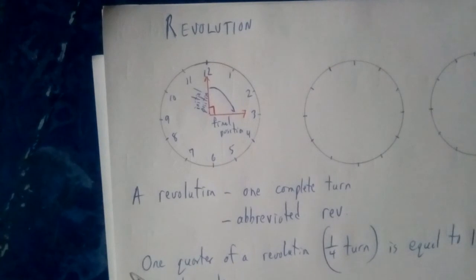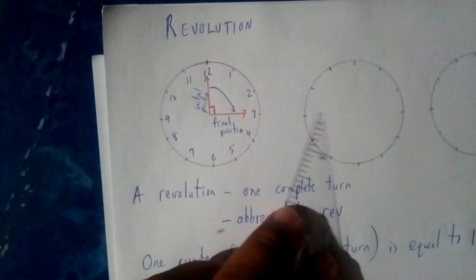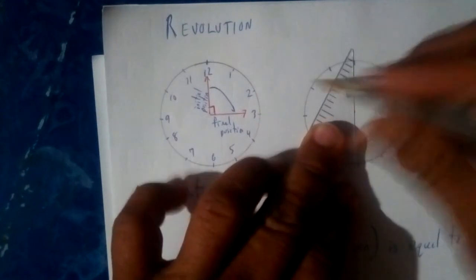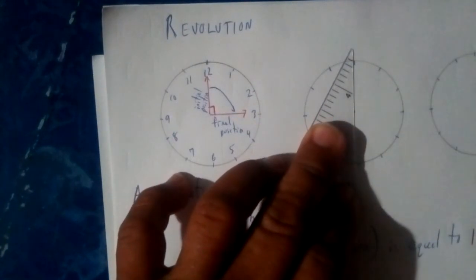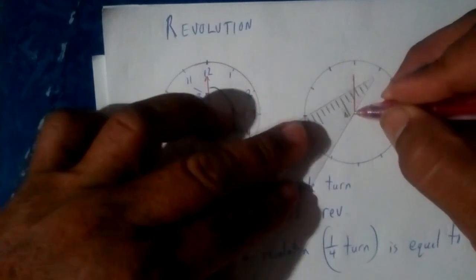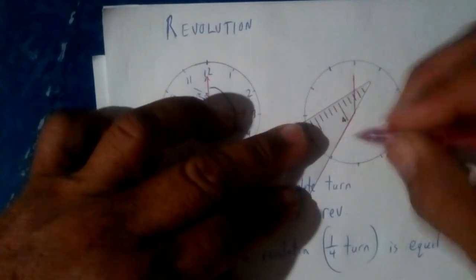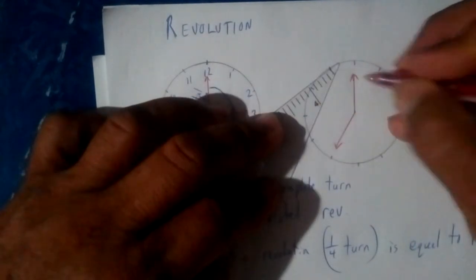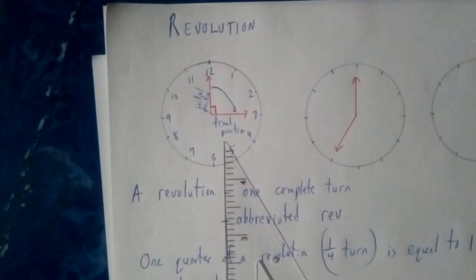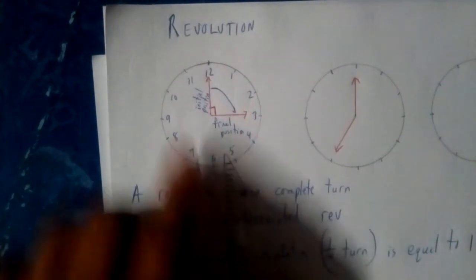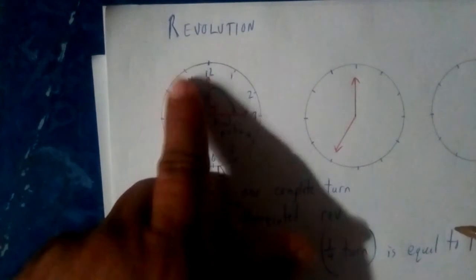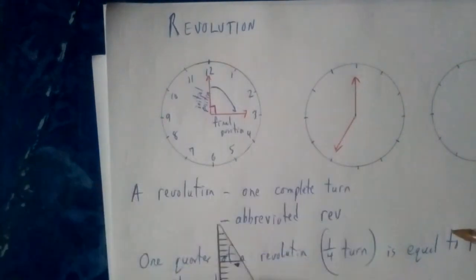If I draw a next one like this, instead of writing out with numbers, I'm going to put it this way, and go to this one here, 7. That is also turns. For right now, notice that there are 12 numbers. So this is 3 over 12, which could come to 1/4.